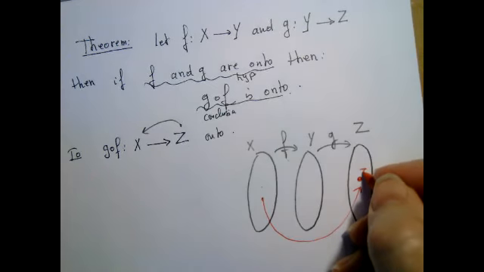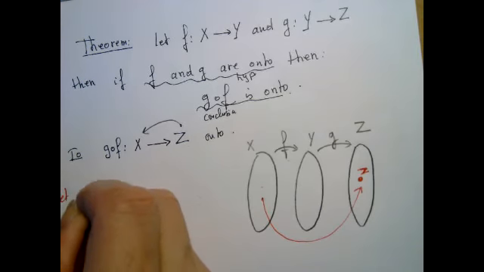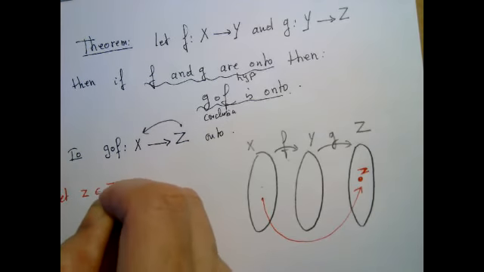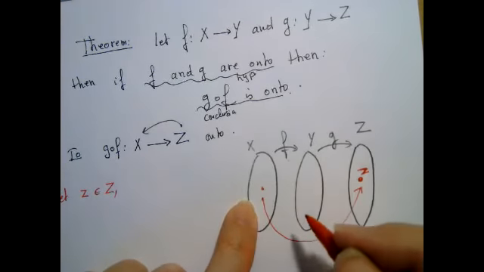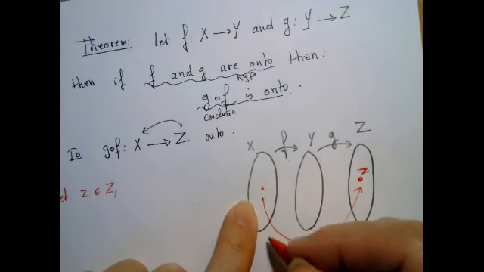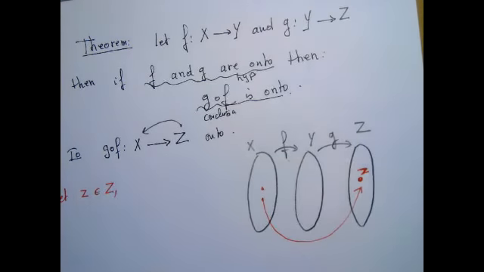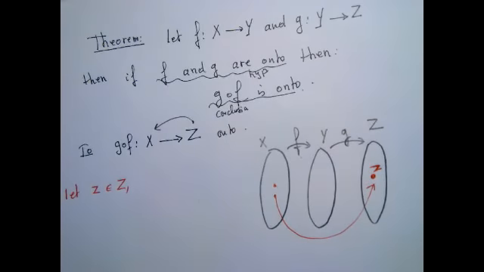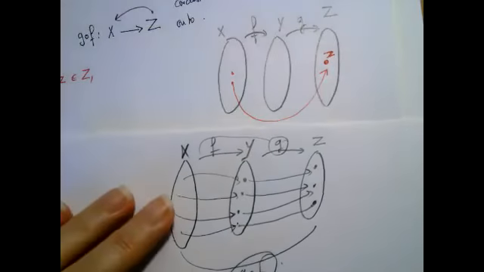So I'm going to start with any element in here. That's the given. So I start with anything in Z, and you have to give me something in X. Convince me that there exists one that's mapped into Z. So I put those two pictures in front of you, and I want you to walk me through the proof.